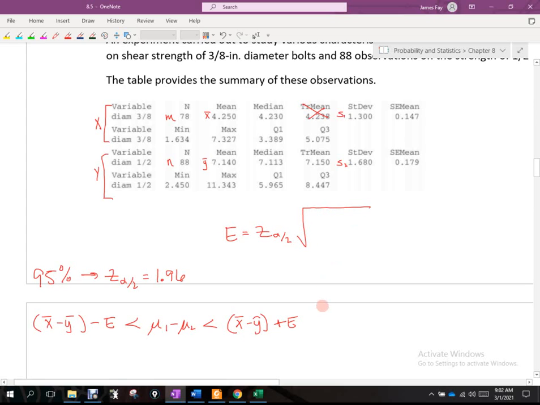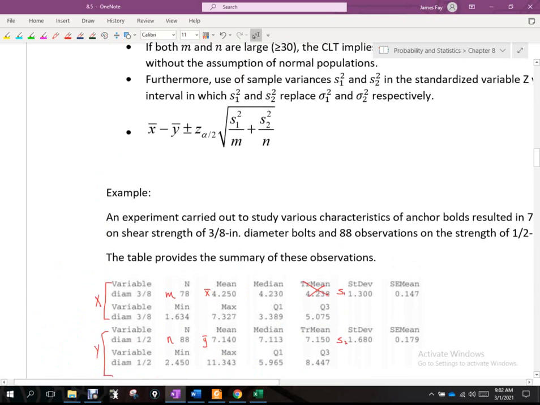the square root. Okay, now, thinking about this, does the order of these things matter right here underneath the square root? No, addition is commutative, right? The only thing that it's saying is that the variance that you use for the 3/8 bolt has to divide by the number of 3/8 bolts. Does it make sense? You would not want this to be the variance from 3/8 inch bolts and this be the number of 1/2 inch bolts.